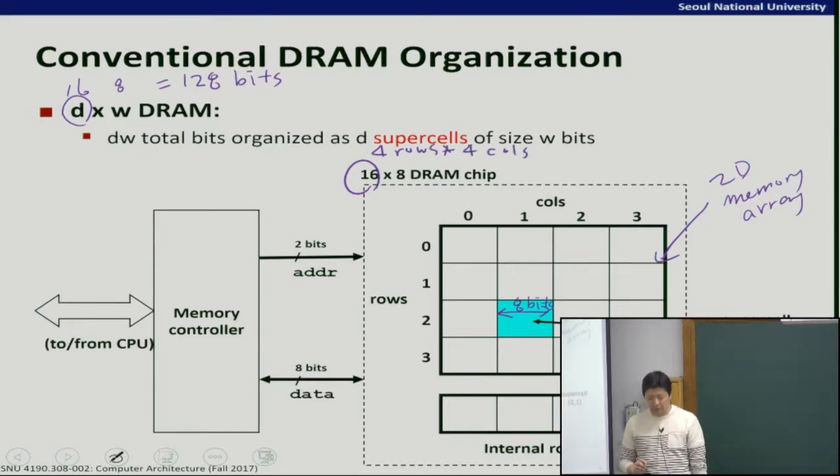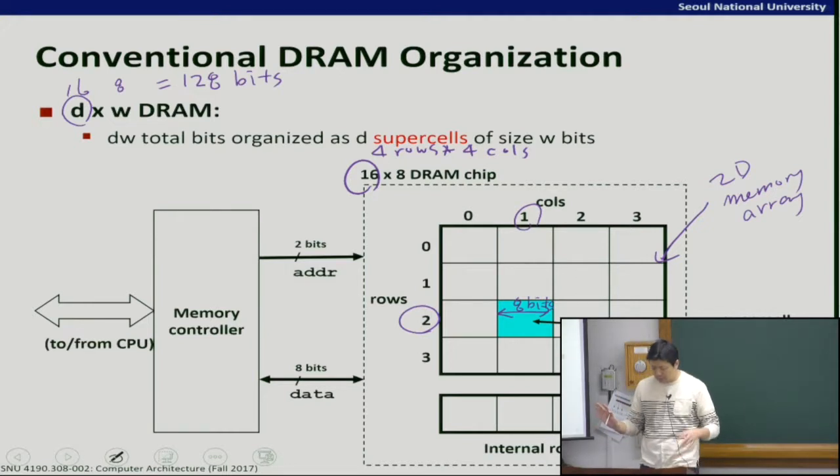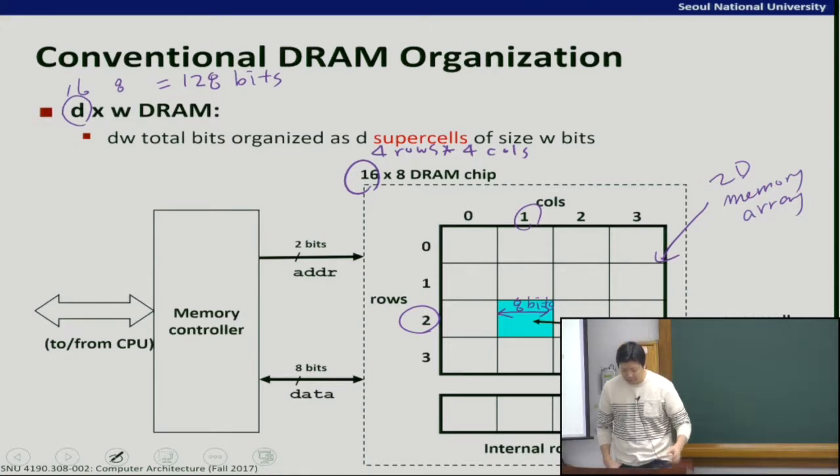Let's say this supercell specifically refers to 2, 1: row 2 and column 1. That's the basic structure of DRAM, although we scaled it down and simplified it for illustrative purposes. The real DRAM is a scaled up version of this.